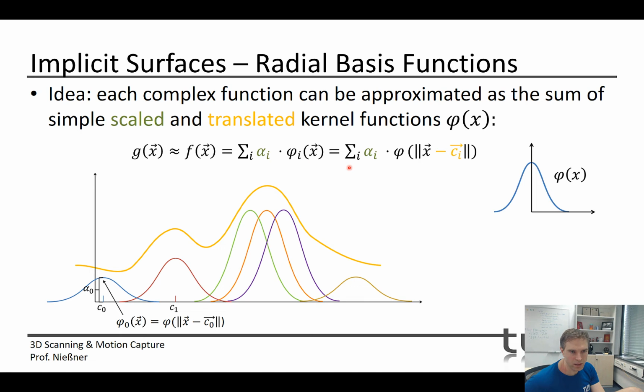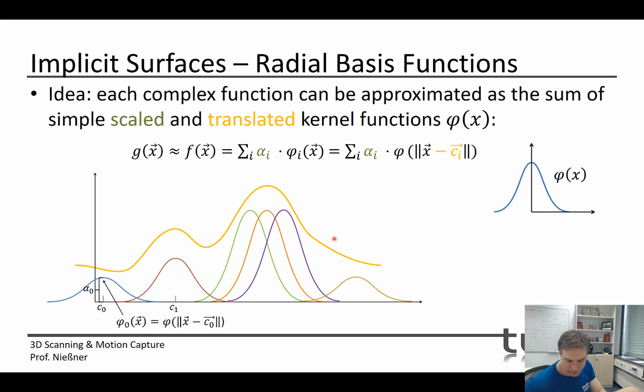And then we translate it also, so it's x minus c. So it's translated and scaled respectively. So this yellow function here is now being approximated by a bunch of these local basis functions, right? And this actually is a smooth function now.